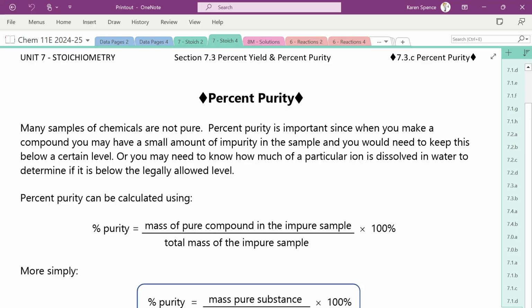So percent purity, many chemicals are not pure. Percent purity is important because when you make a compound, you might have some impurity.